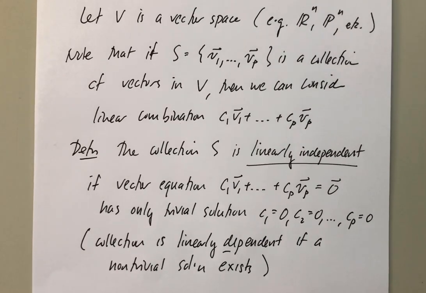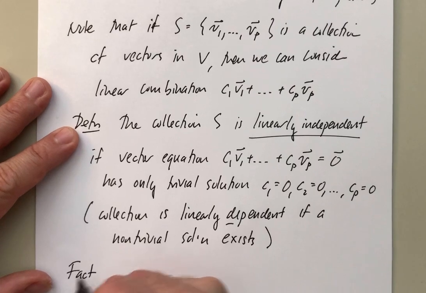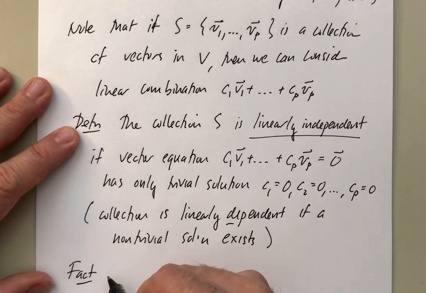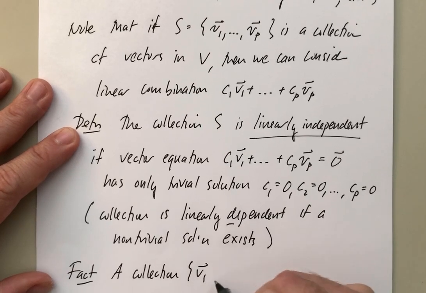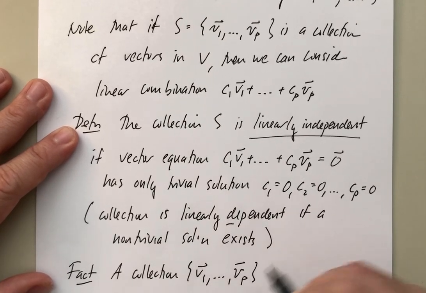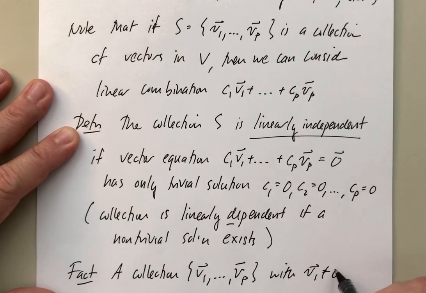And one maybe kind of important fact that should look familiar is that a collection V1 through Vp, and let me just add a technical condition, I want V1 to not be the 0 vector.